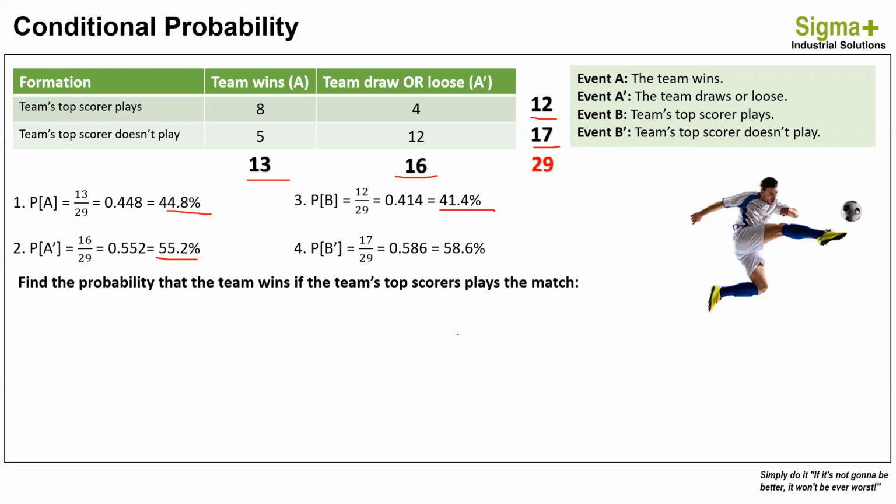So, find the probability that the team wins if the team's top scorer plays the match. Okay. So the first requirement in that example is to find the probability that the team will win if the team's top scorer played the match.